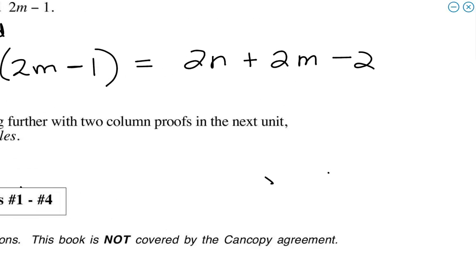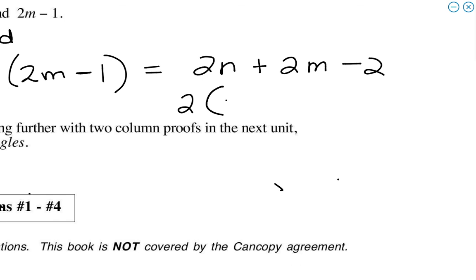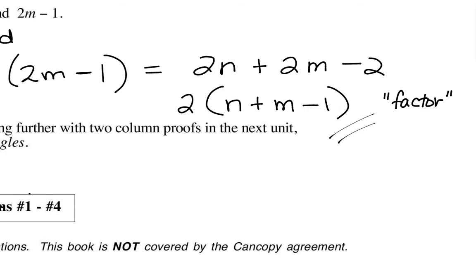Now what do we do with that thing? What do they all have in common? They all have a factor of 2 attached. You can factor that 2 out. Now this proof is done. Why is this proof done? What is n plus m minus 1? That's just some number, right?